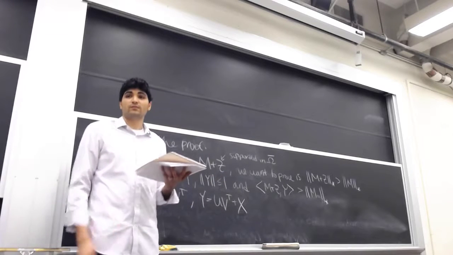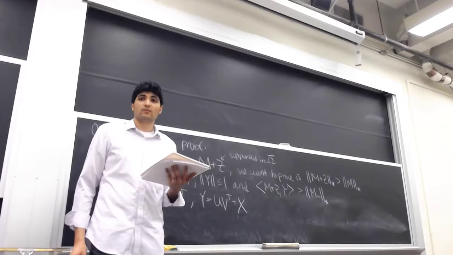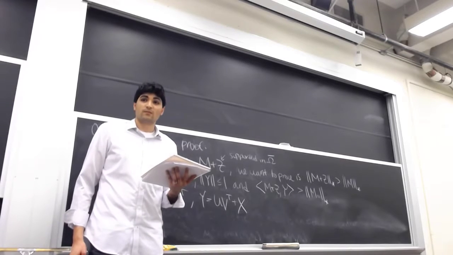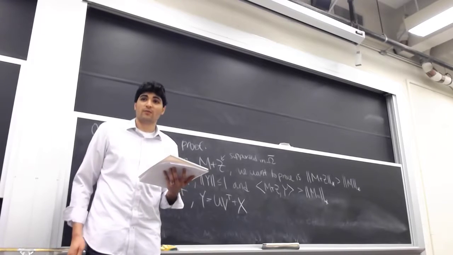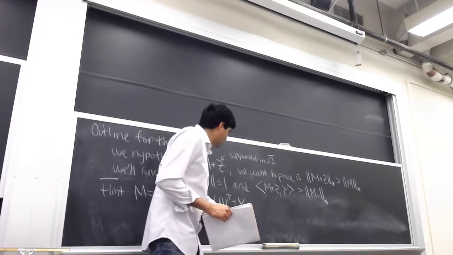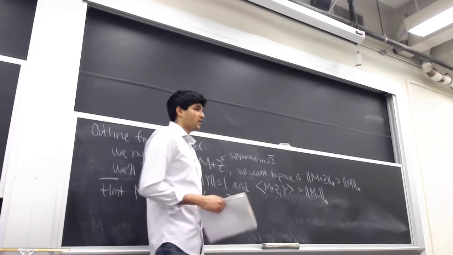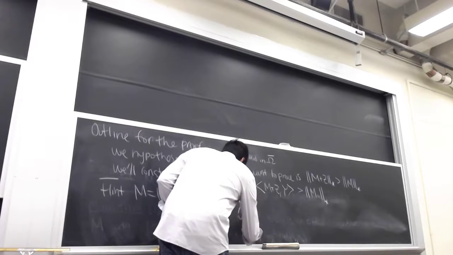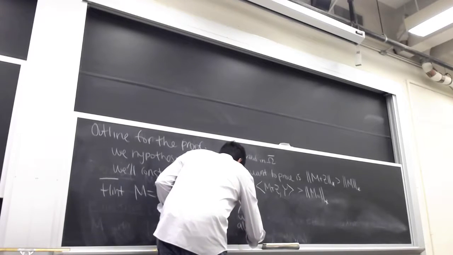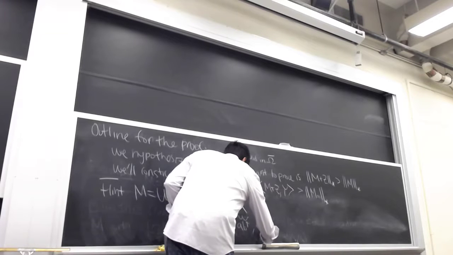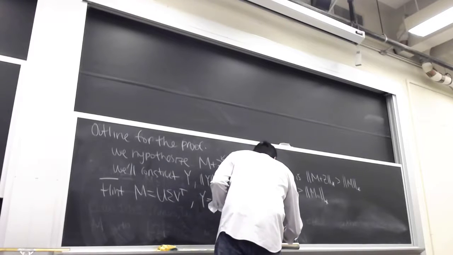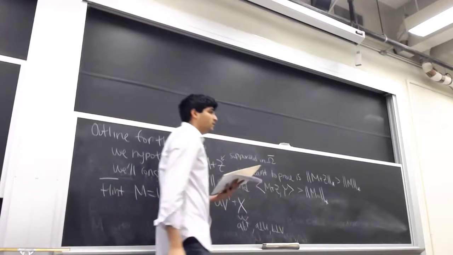Well, by assumption, m is low rank, so we have extra room, basically, to add new singular vectors as long as the associated singular value isn't too large. Exactly, right? So for example, one thing I could do is take any vector a perpendicular to u, and b perpendicular to v.